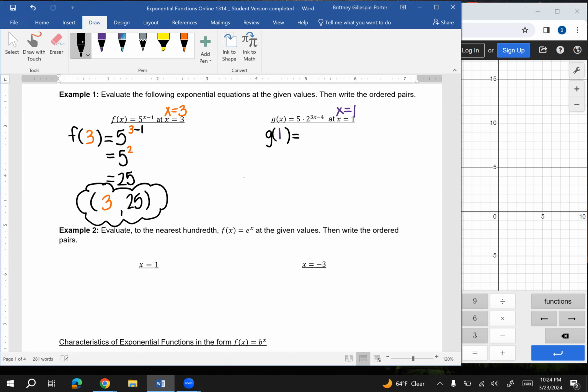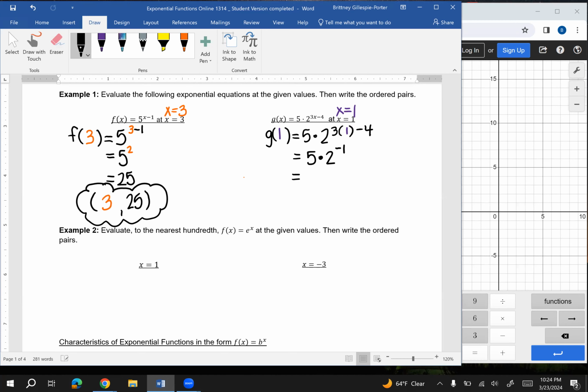So we're going to have 5 times 2 to the 3 times 1 minus 4. Pay attention to your order of operations. Cannot multiply the 5 and the 2, and it should be a closed dot. 3 times 1 is 3, minus 4 is negative 1.